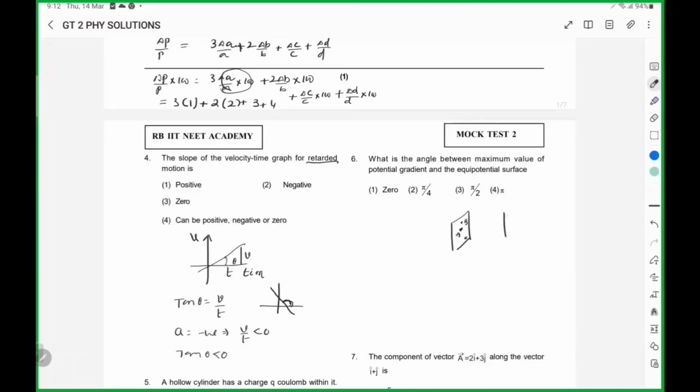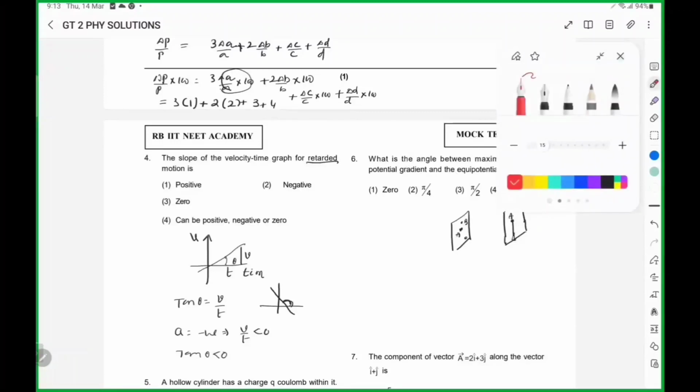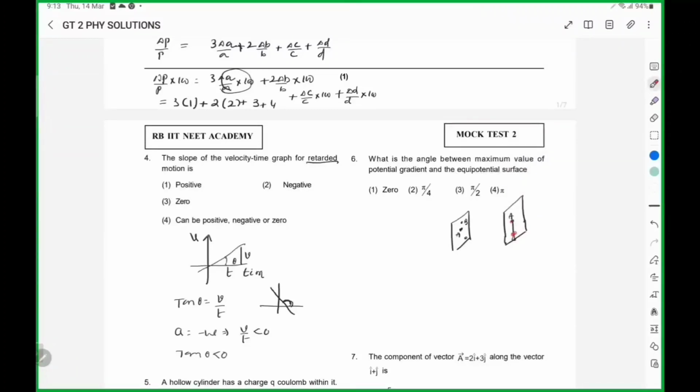So here in equipotential surface, potential at A is this, potential at B is this. So when it is moving from A to B, potential is the same. V here is in fact minus E dot dx.